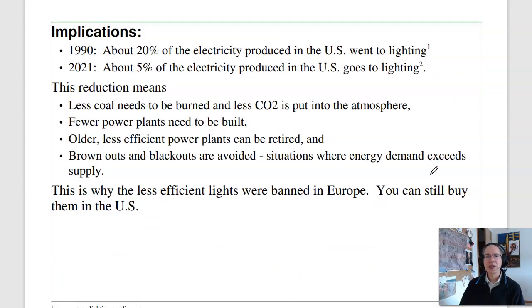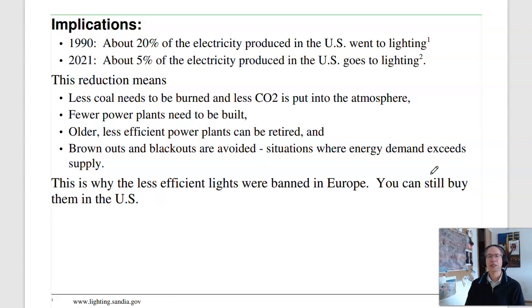That has some fairly significant implications. Back in the 1990s, about 20% of the electricity produced in the US just went to lighting. By switching over to mercury vapor, incandescent, LED lighting, things like that, now it's pretty much LED lighting. We're now only using 5% of the energy we produce towards lighting.